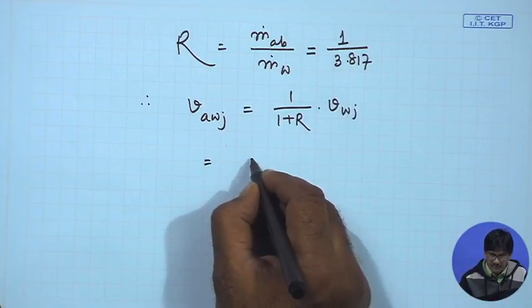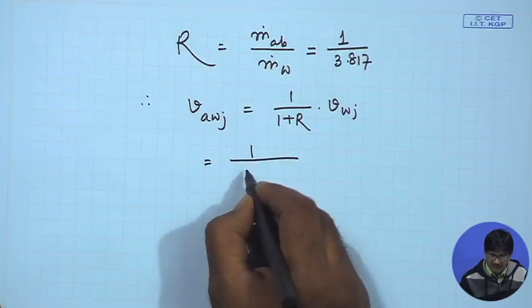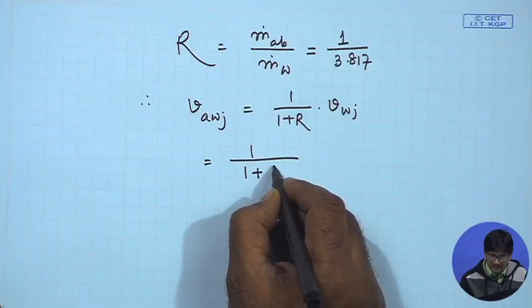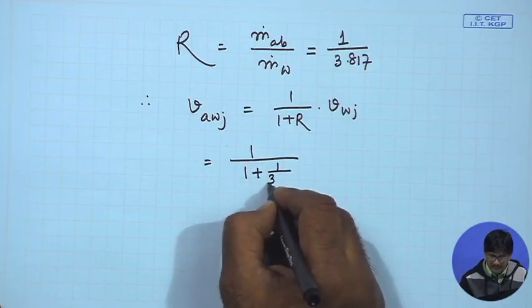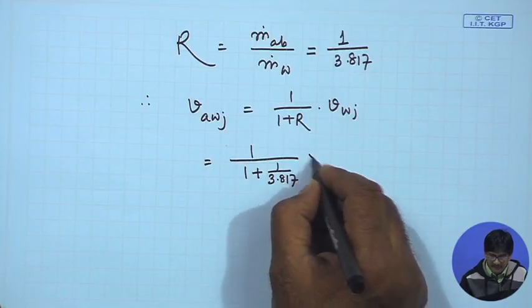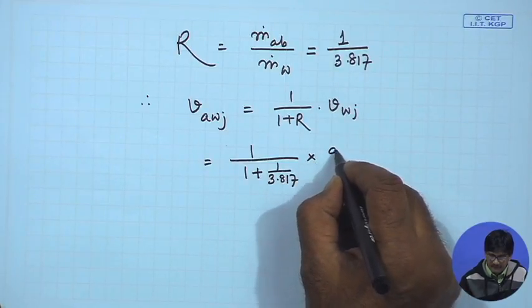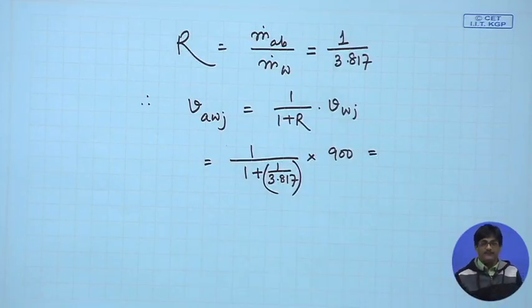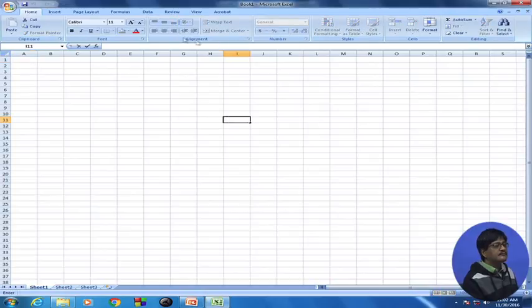So, this is equal to 1 by 1 plus, sorry, it is very small in font.